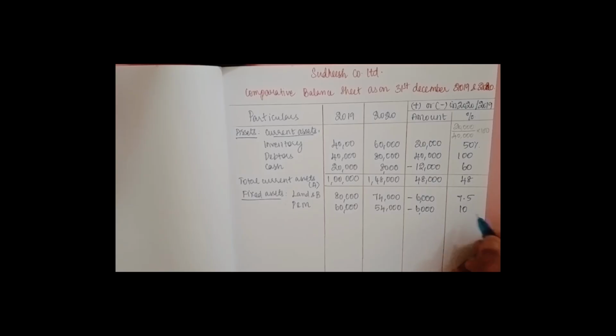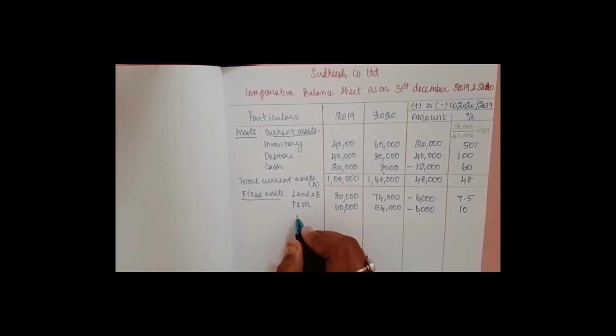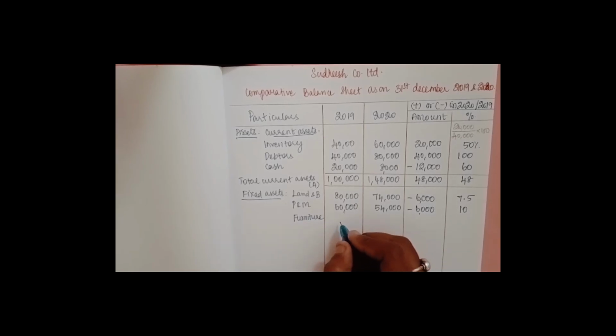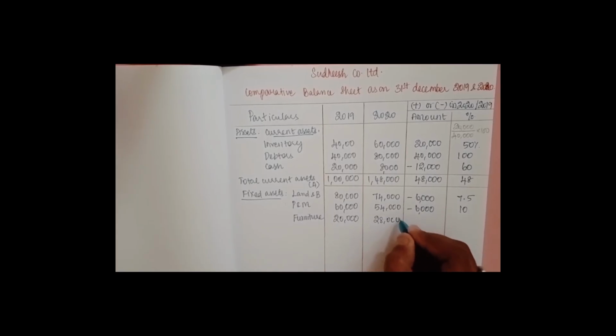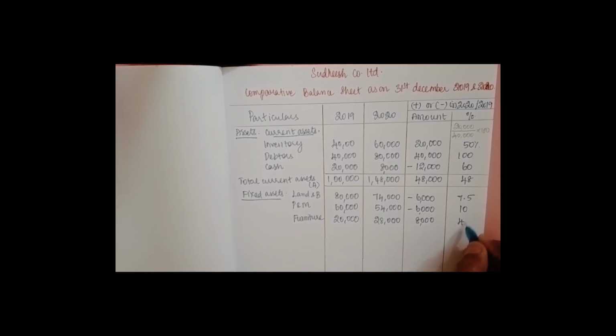So 10%. The next fixed asset is furniture. It is 20,000 in this year and 28,000 in the second year. So it has increased by 8,000, which is 40%.